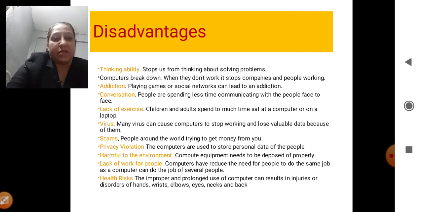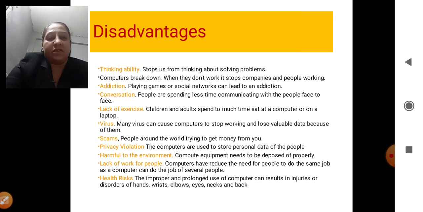Next, very important, it is causing harm to our environment. How is it causing this? Any small chip which is damaged, suppose an SD card or a computer chip which is no longer useful, when we throw it out, it is not getting disposed of on its own.